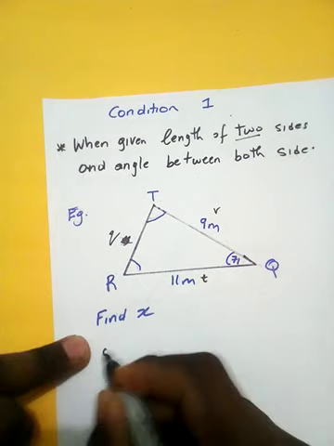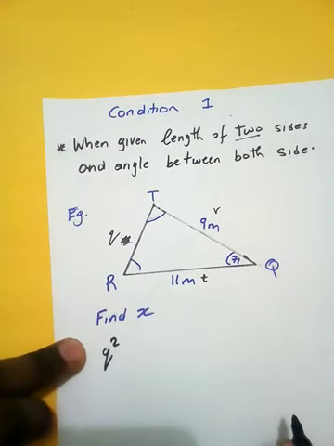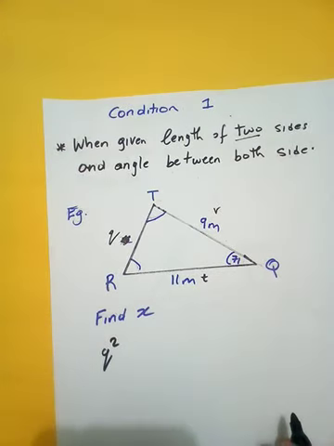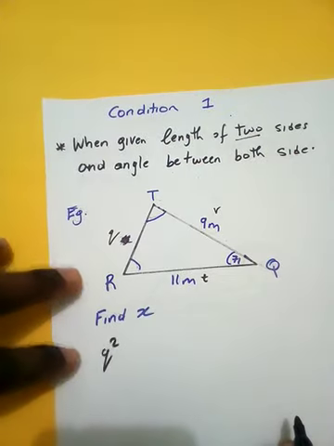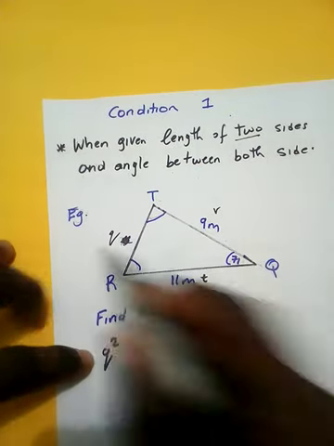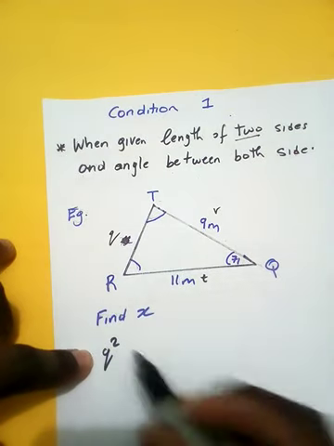So we start with q squared. So this is what I'm saying, that the formula does not have to be b squared equals a squared plus c squared minus 2ac cos B. It is based on the letters that the triangles are named with. Alright, because it asks for x and x is where q is, equal.